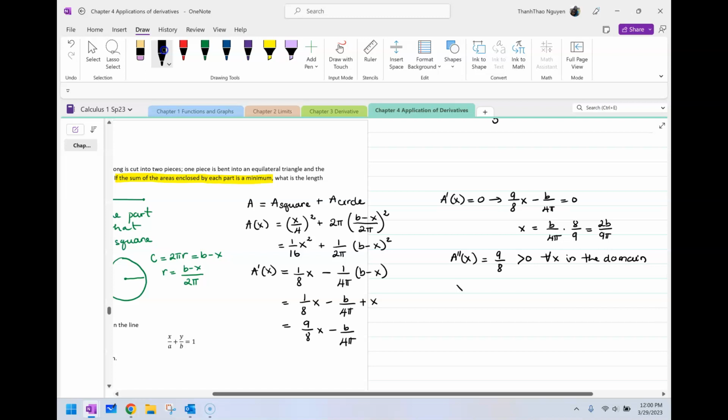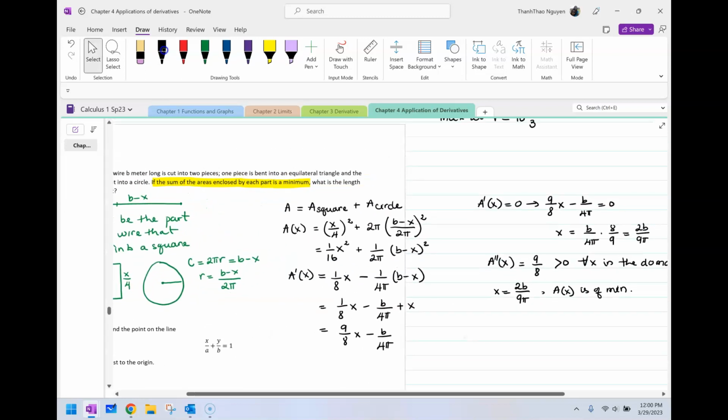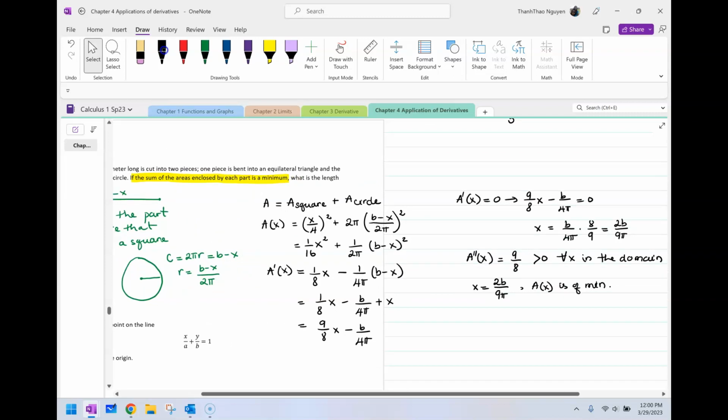This means at x equal to 2b over 9 pi, A of x is a minimum. So the length of the piece that is cut into the square is 2b over 9 pi, and the length of the piece that is cut into a circle is b minus 2b over 9 pi.